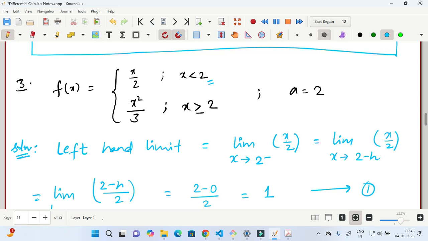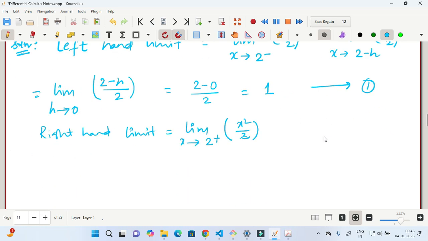So you have to be very careful while selecting the left hand limiting function and right hand limiting function, as h is very small. Little less than 2 you select x by 2, little more than 2 you select x square by 3. Approaching 2 from the left side is x by 2, approaching 2 from the right side is x square by 3. I think you are clear with the concept.